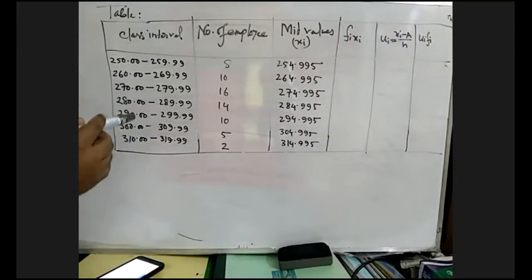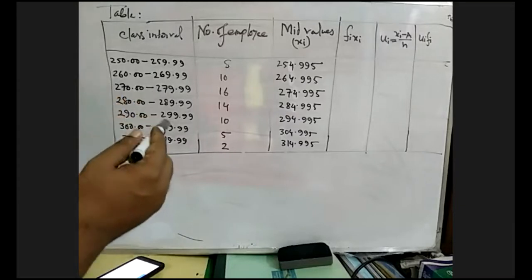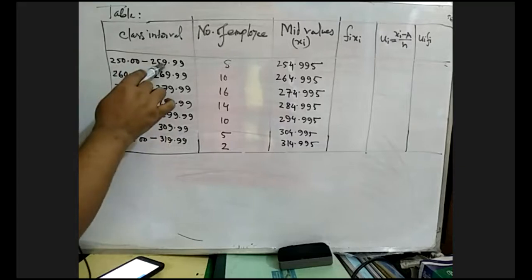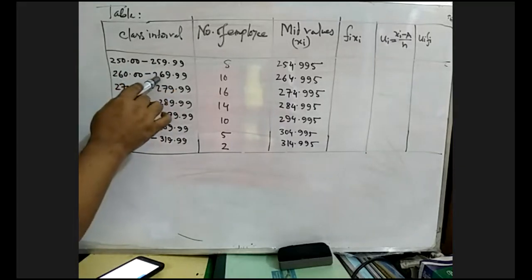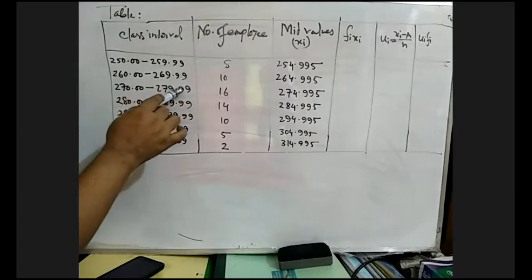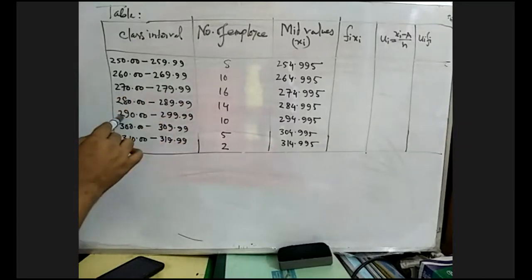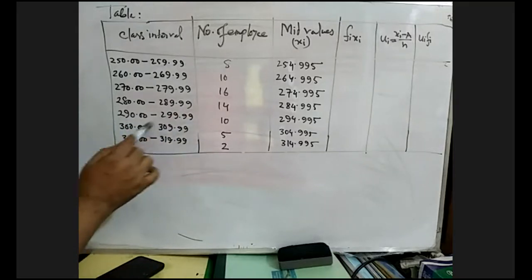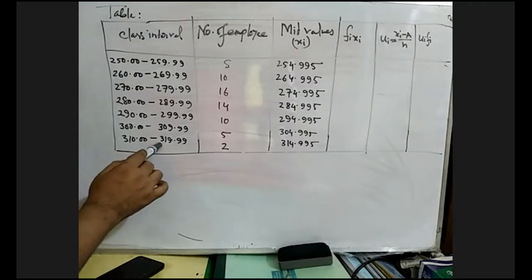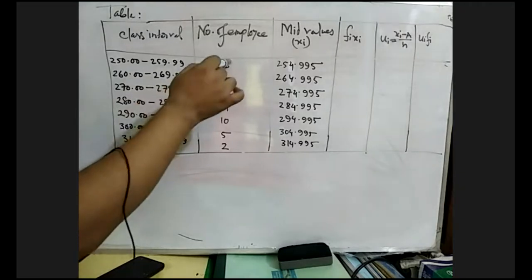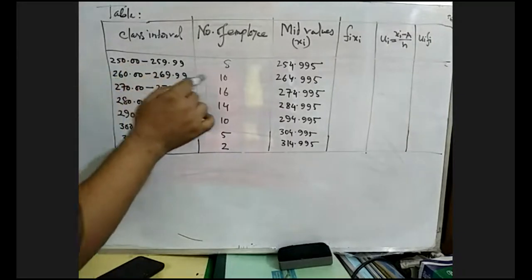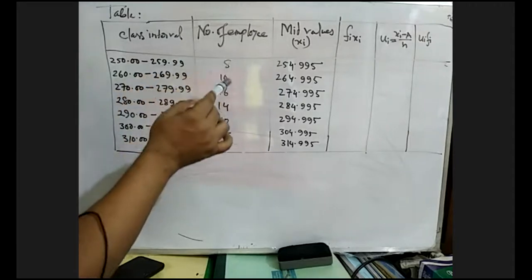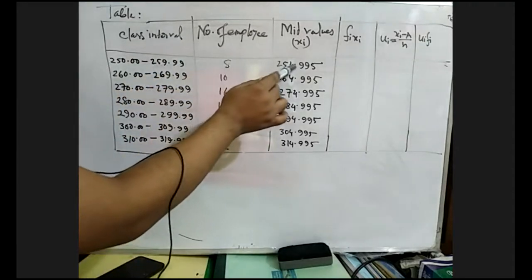So this is the table for finding the mean in the direct method and shortcut method. This is the given class interval: 250 to 259.99, 260 to 269.99, 270 to 279.99, 280 to 289.99, 290 to 299.99, 300 to 309.99, 310 to 319.99. And this is the number of employees for the respective classes. And this is the mid values of the class interval, just 250 plus 259.99 divided by 2, so 254.995.